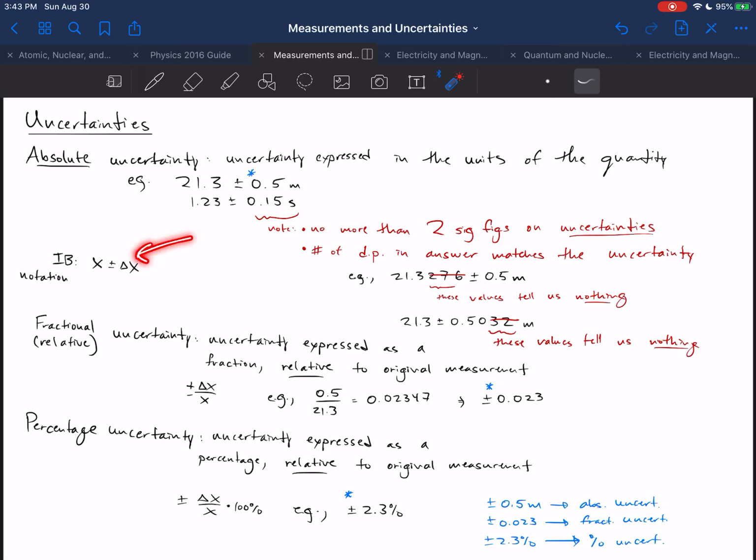So the IB uses delta x here, which I think is just an abomination of a piece of notation. Delta in every other context means change in, and hopefully you've rewired your brain to read a delta as change in, but unfortunately that's not what it means in this case. Everybody else in the world is going to use a sigma or another variable to represent the uncertainty.